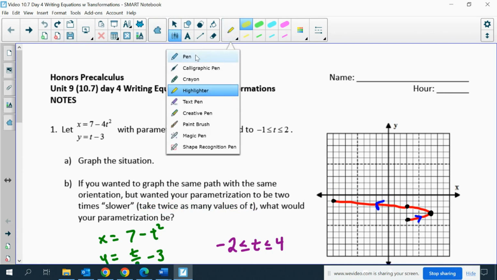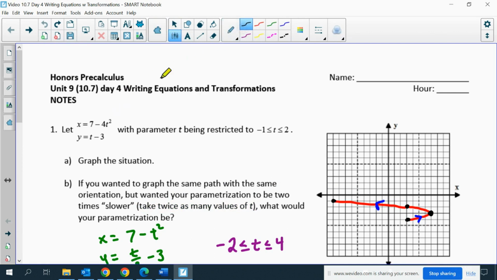And what you would do is you would just take the t values that are here and divide them by 2. So if you take t divided by 2, notice that when you do t halves squared, that ends up being t squared over 4.